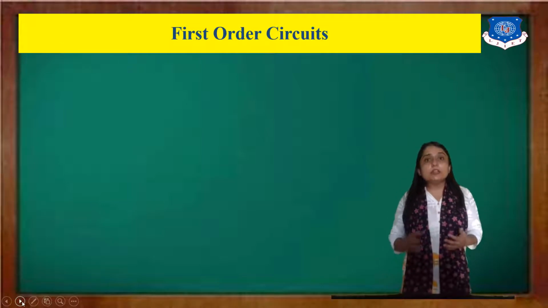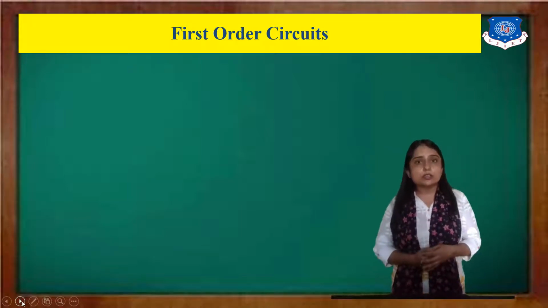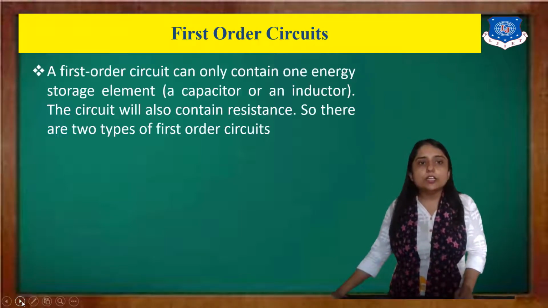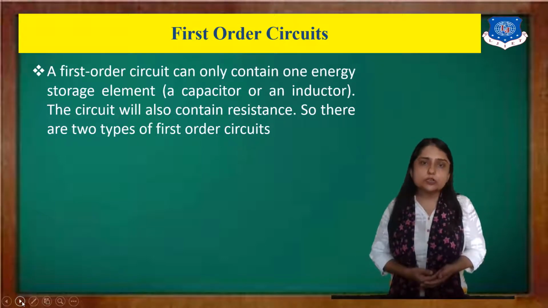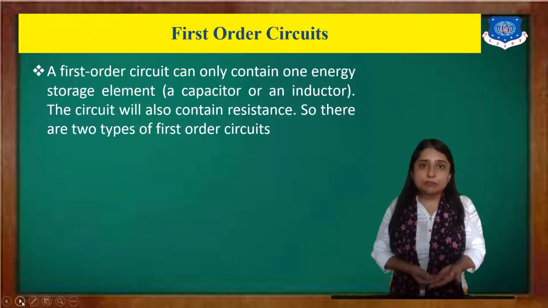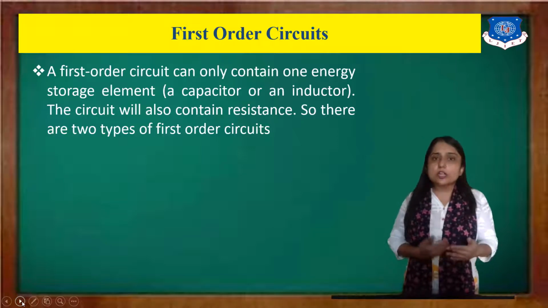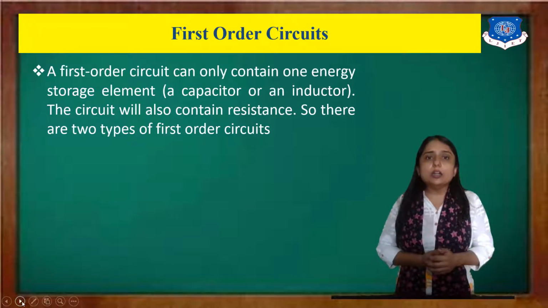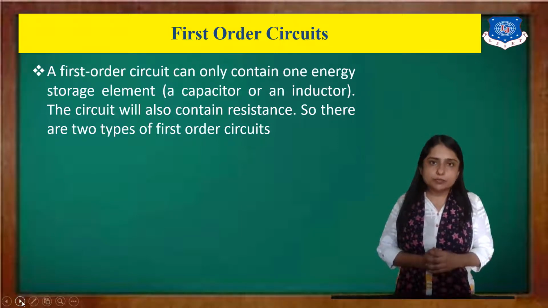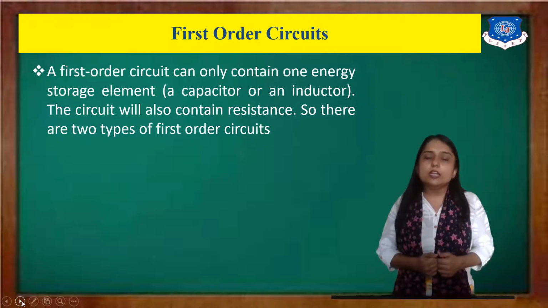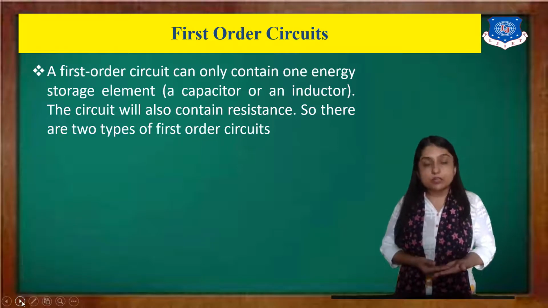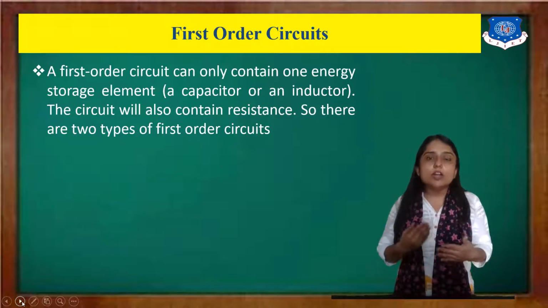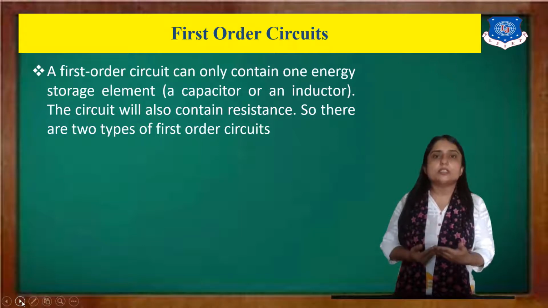First of all we will see what a first order circuit is. The definition is: a first order circuit can only contain one energy storage element. That can be a capacitor, or it can be an inductor. Then the circuit will also contain resistance. So there are two types of circuit, because, as we said, we have only one energy storage element, an inductor or a capacitor, and the circuit contains one resistor or more than one resistor.